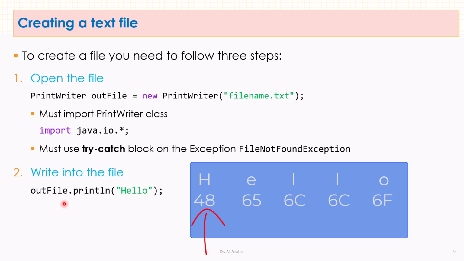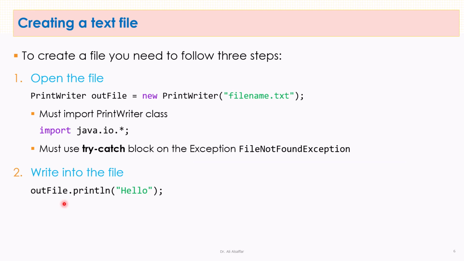So the first byte will be equal to 48 in hexadecimal, which corresponds to the ASCII code of the capital letter H. And the second byte will be equal to 65 in hexadecimal, which corresponds to the ASCII code of the small letter E, and so on for the rest of the characters. And that's why the file is called a text file, because what we write inside is in fact everything represented by an ASCII code, so that when we open it with a text editor, it is easy for a human to read the text inside the file.